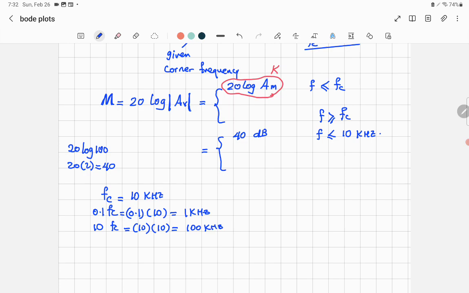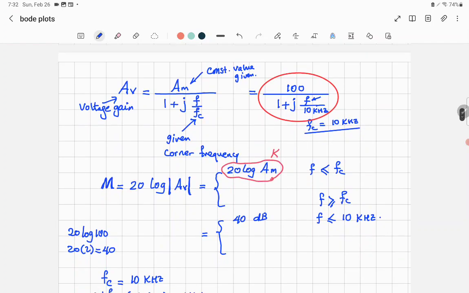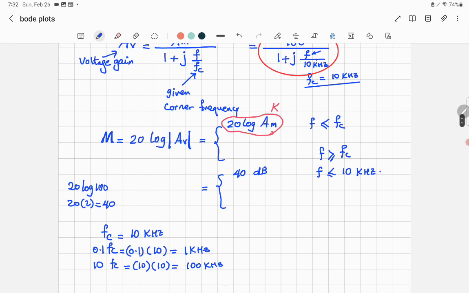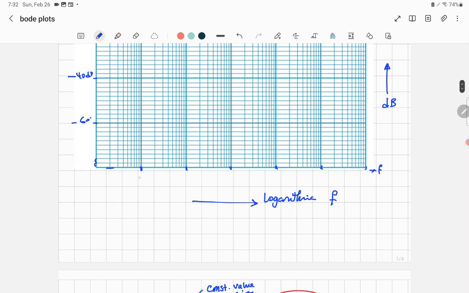So make sure the range of the frequencies will be between 1 kilohertz and 100 kilohertz, and the corner frequency is equal to 10 kilohertz, right? So it would be good if you have here 1 kilohertz. So you just shift it by one division, and you start with the minimum one, and this value is equal to 0.1 times fc, and fc is the corner frequency, as we said, it's given.